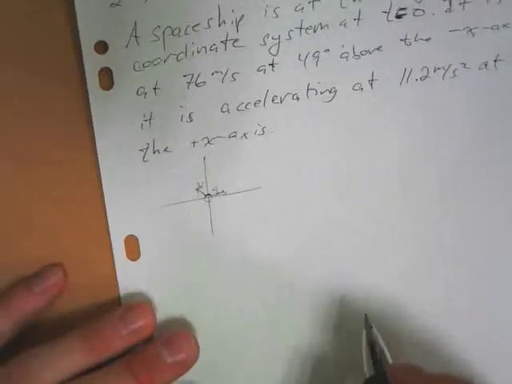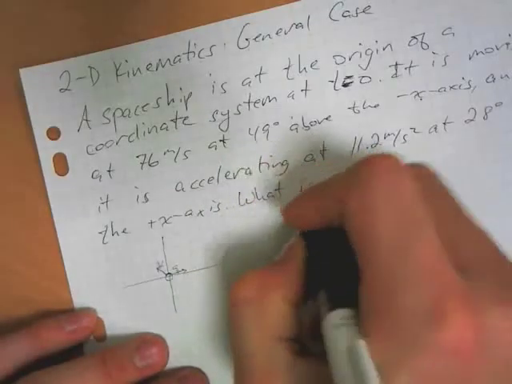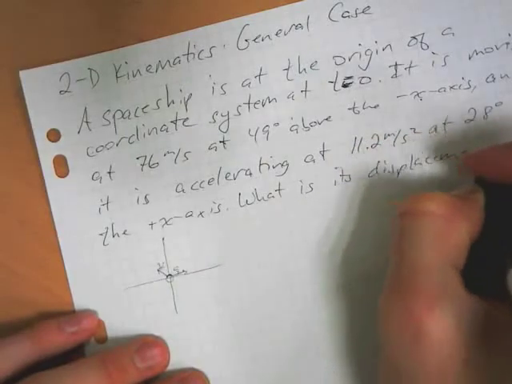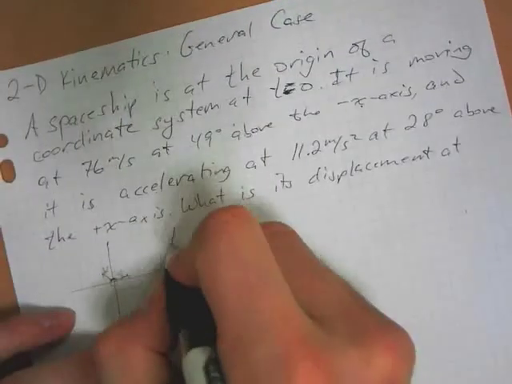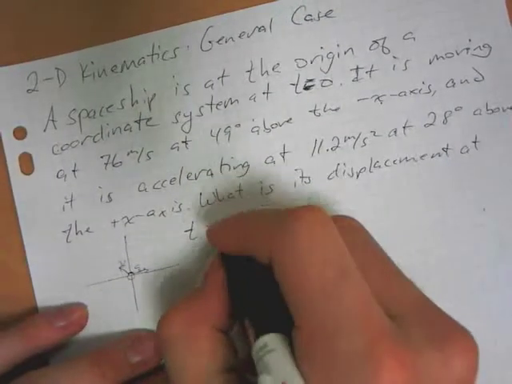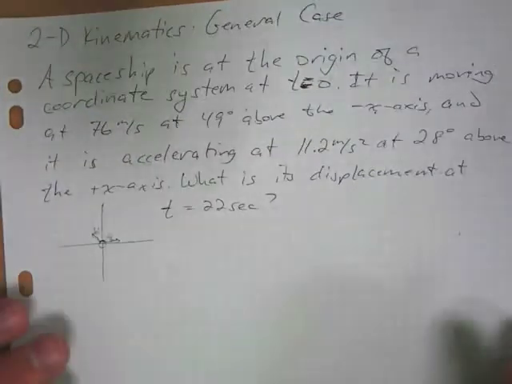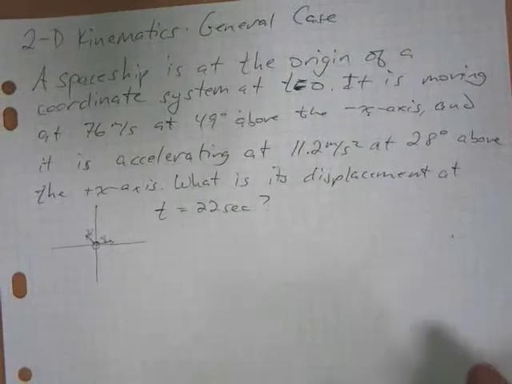So the first question I'm going to ask is, what is its displacement at t equals 22 seconds? Okay, well, to figure this out, we can just use our kinematic equations.